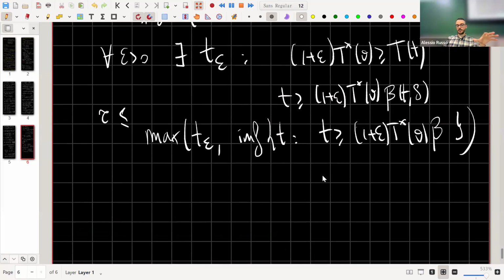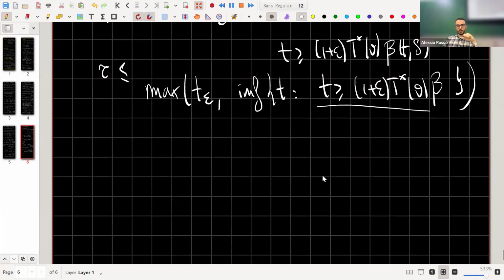What will happen is that when we divide by log(1/delta), this will be t_epsilon divided by log(1/delta), but as delta goes to 0, this will converge to 0. And this will be the dominating term. So we need to look at what is the minimum value of t that satisfies this inequality.